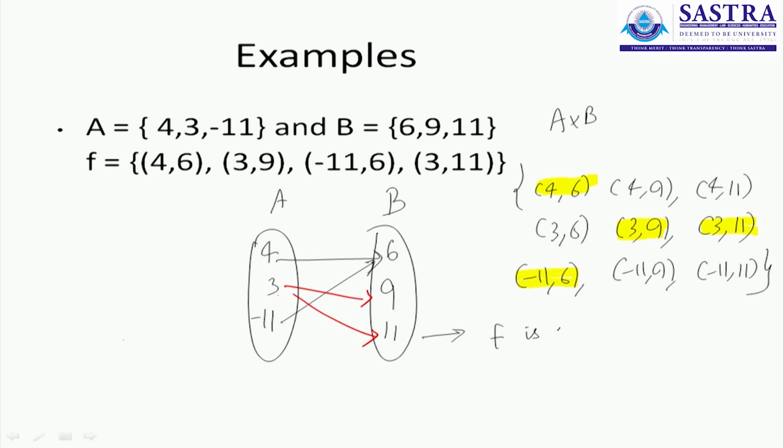F is not a function. The relation nonetheless, that's not a problem. We never complained about it being a relation. It is in fact a relation. It stops at that.